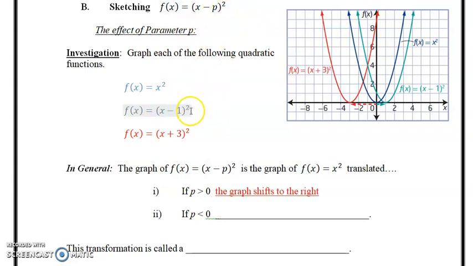So if you see x minus 1, the graph shifts to the right. And if your p value is less than 0, like minus a minus 3, this is essentially negative 3, the opposite of plus 3. So if the p value is negative, which you see here in the red, the graph shifts to the left.